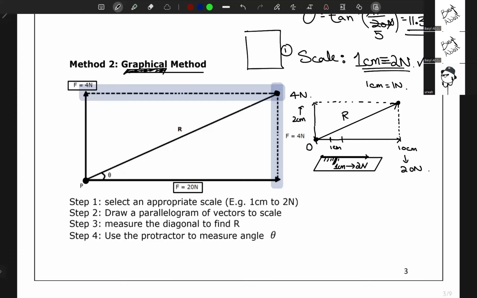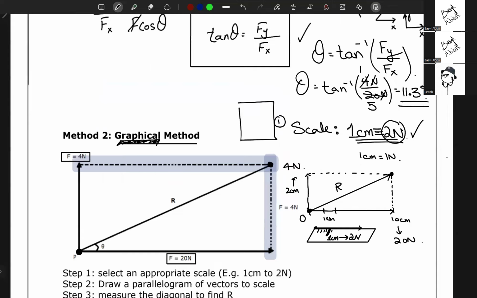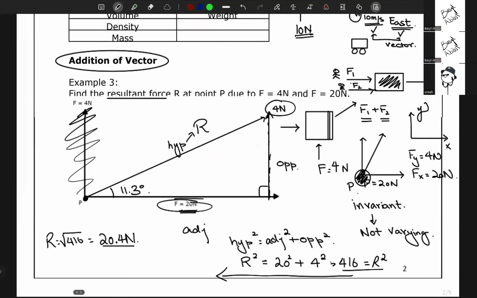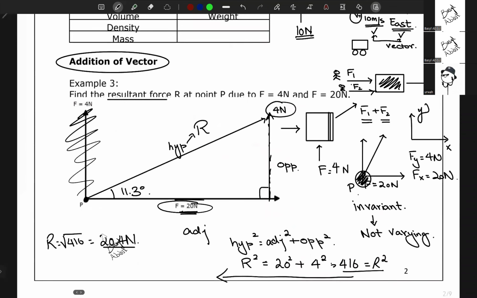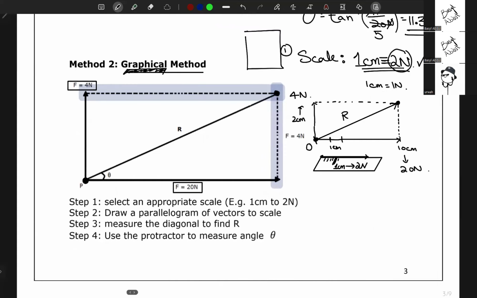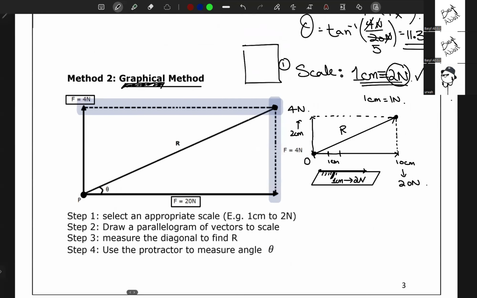Now that answer in centimeters, you will simply convert to newtons using this conversion, 1 centimeter meaning 2 newtons. And so you would have the resultant, and this would again be equal to what we computed in the trigonometric approach, which was 20.4 newtons. So you should expect the same result.